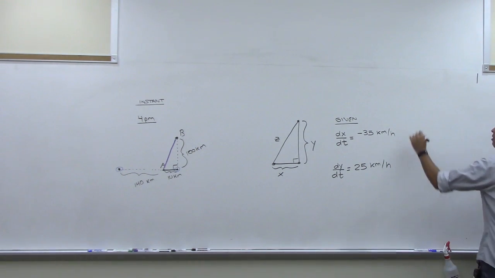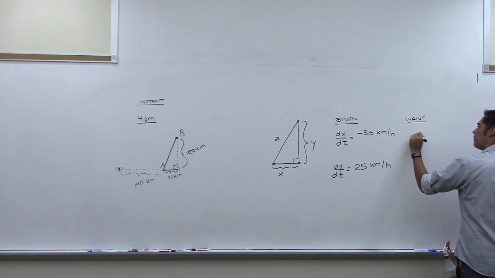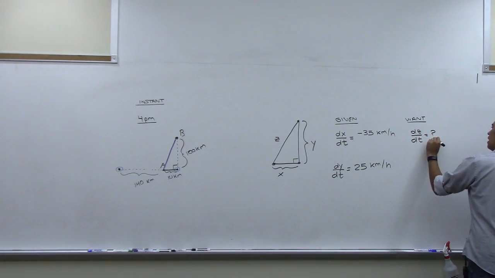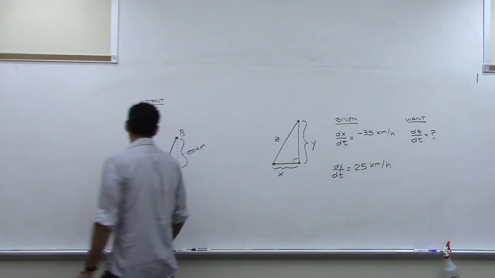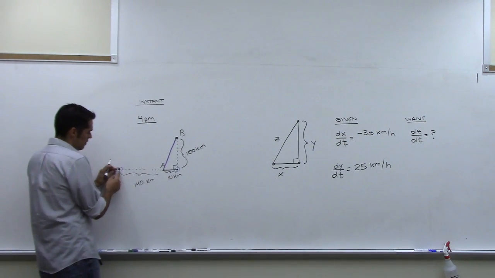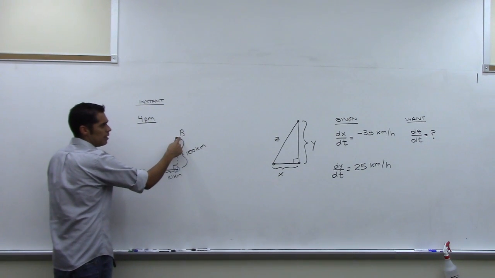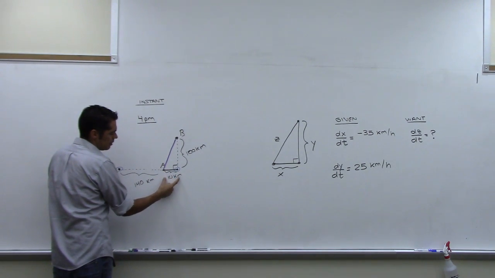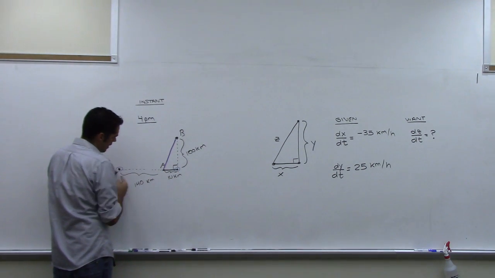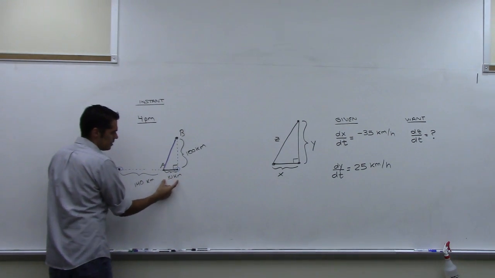And what I want to know is the rate at which z is changing with respect to time. And when do I want to know that? I want to know that when this ship is here and this ship is here. So in terms of my triangle, this side right here is x, right? And at the moment in time, 4 p.m., that's 10.